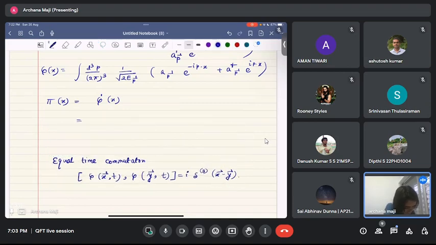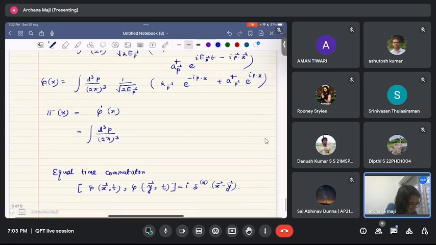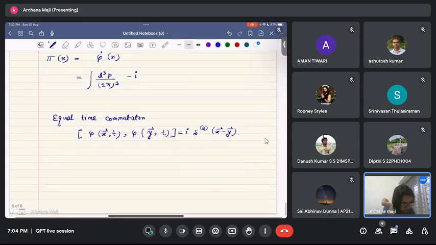So this is equal to over 2 pi q. You can see from the first term we will get minus i E_p and from the second term we will get i E_p. So if I take minus i common... Oh, sorry, I've written phi.